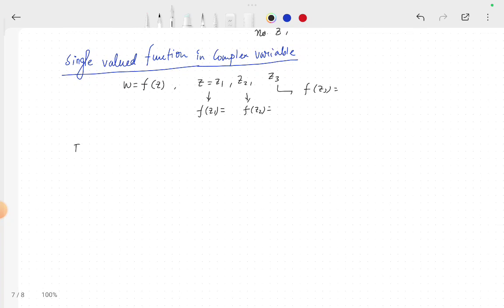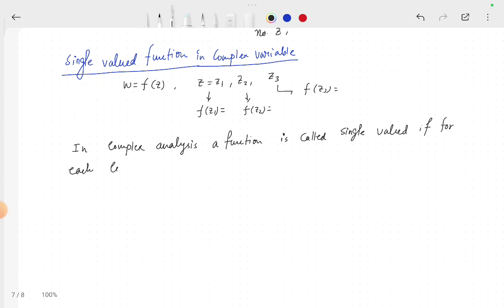So in complex analysis, a function is called single valued if for each complex number z, the function gives only one unique value.